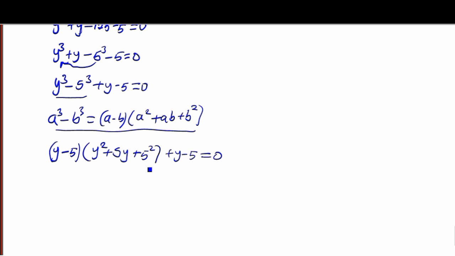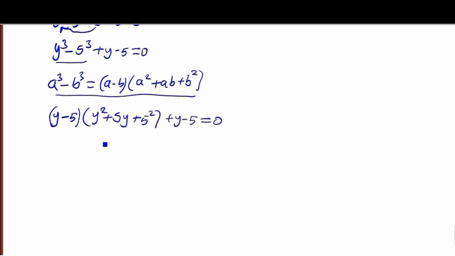Now we can simplify further by writing y minus 5, because here I shall have 25. 5 squared is the same as 25, so this one into y squared plus 5y plus 25, everything inside the bracket, and then plus y minus 5 is equal to 0.